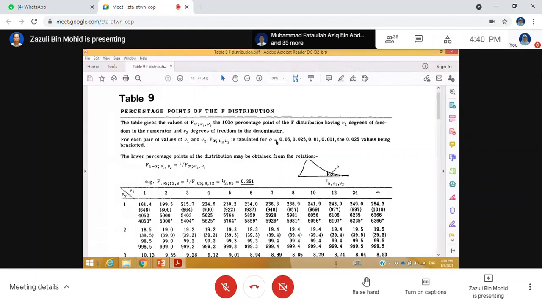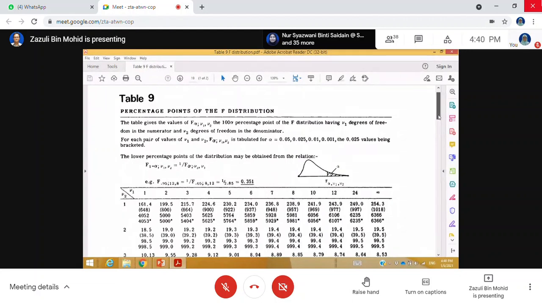So alpha, as mentioned before, we can take it as 1% and 5%. So this value here is 0.05, 0.025, 0.01, and so on. So we have 1, 2, 3, 4, 5 values. Okay, 5 values.